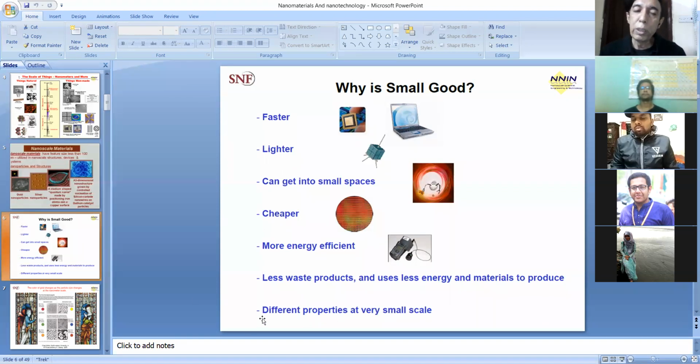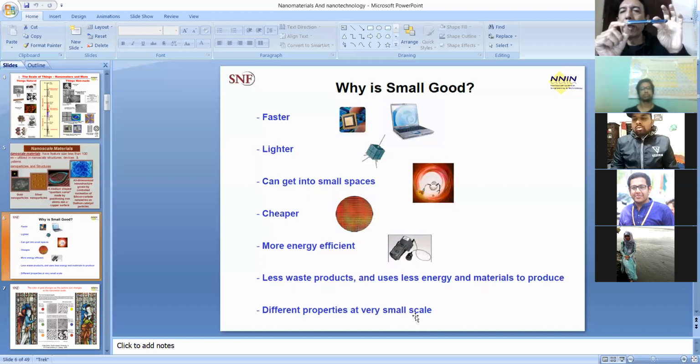And the last one, which is the most important, is that it has different properties at a very small scale. When you go to the small scale, it will show different properties than the bulk material. Say, for example, this is a bulk material.